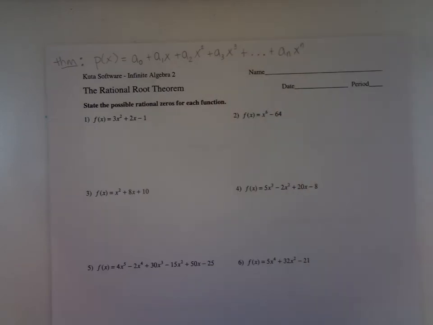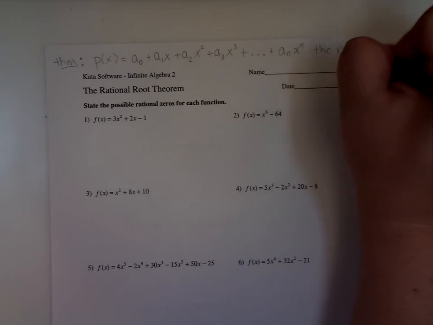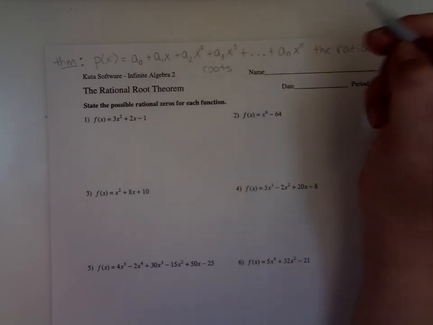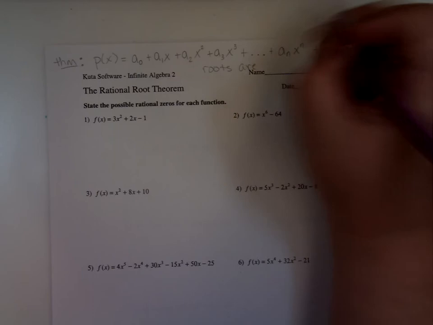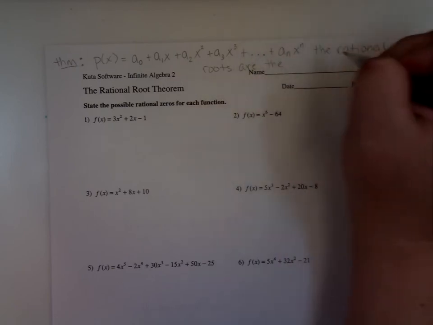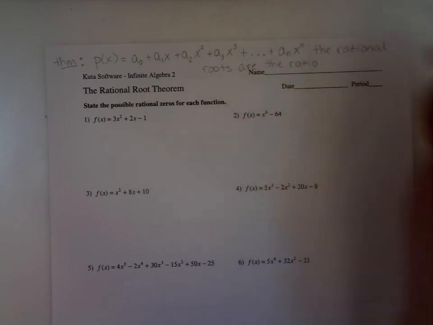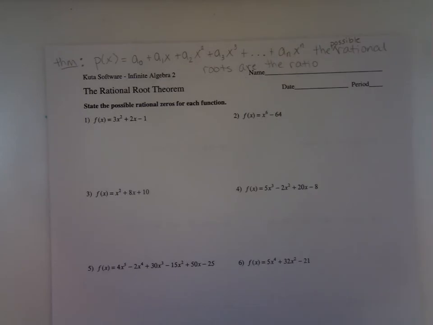So this theorem says, given this polynomial, the possible rational roots, because it might not necessarily have rational roots at all.